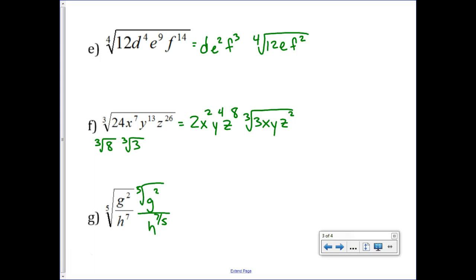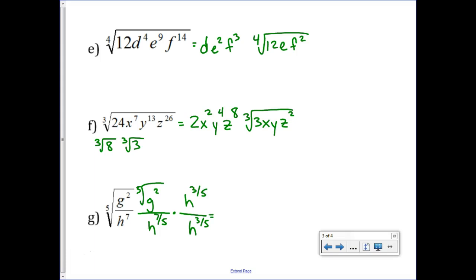Well, again, to get rid of that in the denominator, we want to make that a whole number. So I need 3/5 more to get that to be h squared. So I need 3/5 here, and I need 3/5 here then.